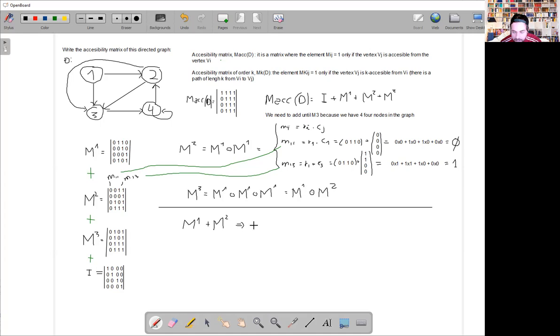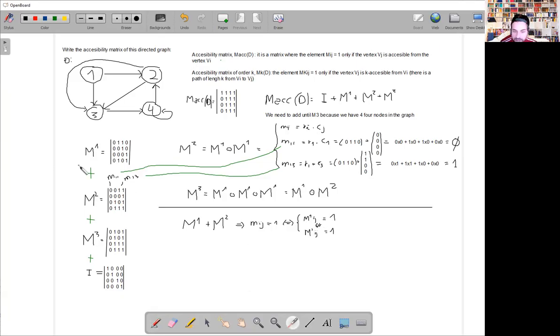This implies that the element ij in the result will be 1 if the element ij in the first matrix is 1, or the element ij in the second matrix is 1.